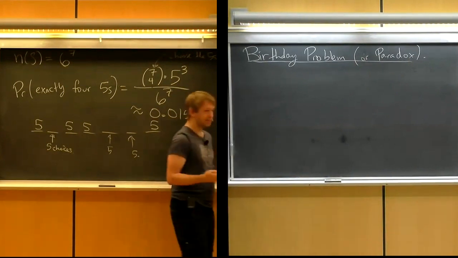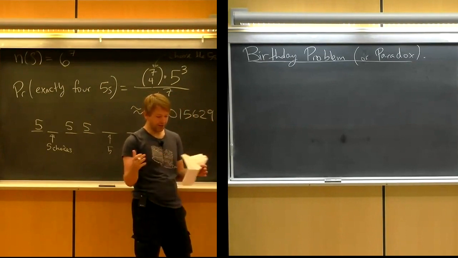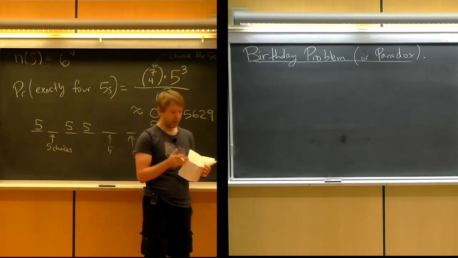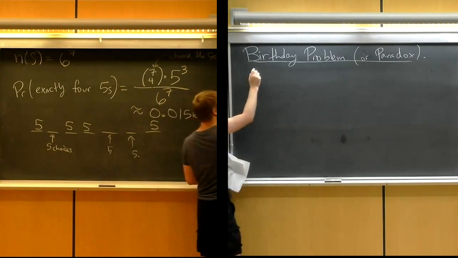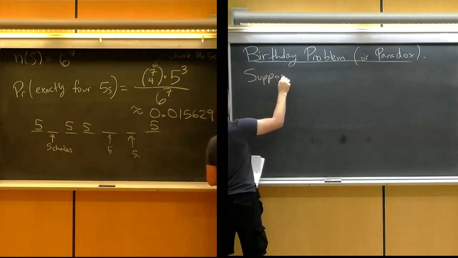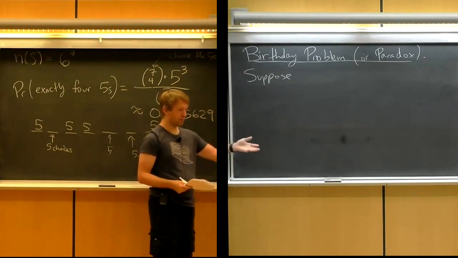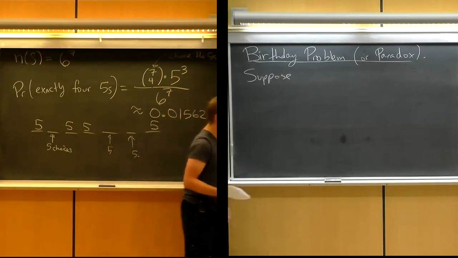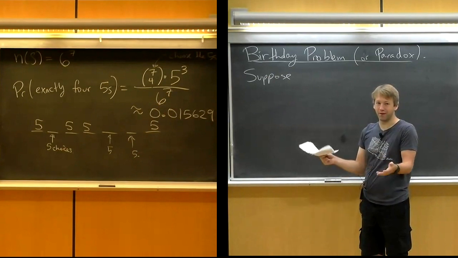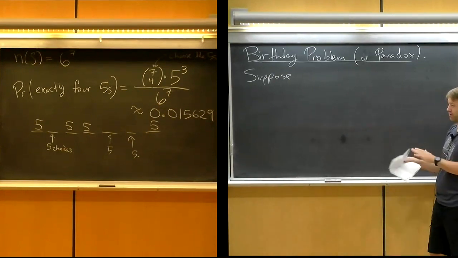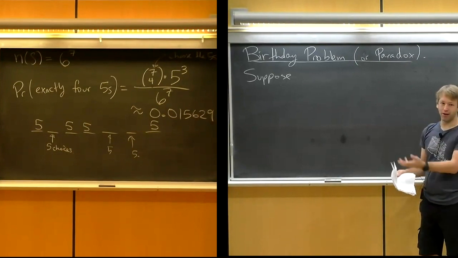So, okay, let's make an assumption. Let's suppose that every day of the calendar year is equally likely to be somebody's birthday. This is probably not true because, for various reasons, maybe there are more people born on April the 13th than there are people born on December the 5th or something. I have no idea, but let's just assume, to make life simple, that if I pick a random person, they're equally likely to be born on any day of the year.